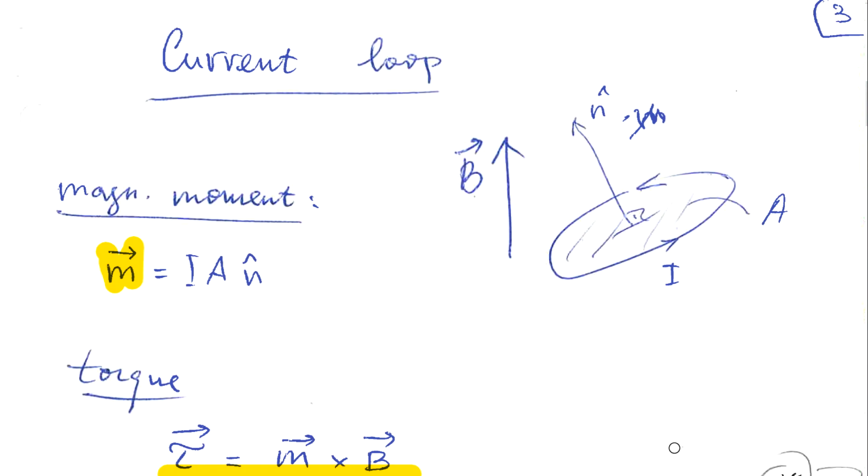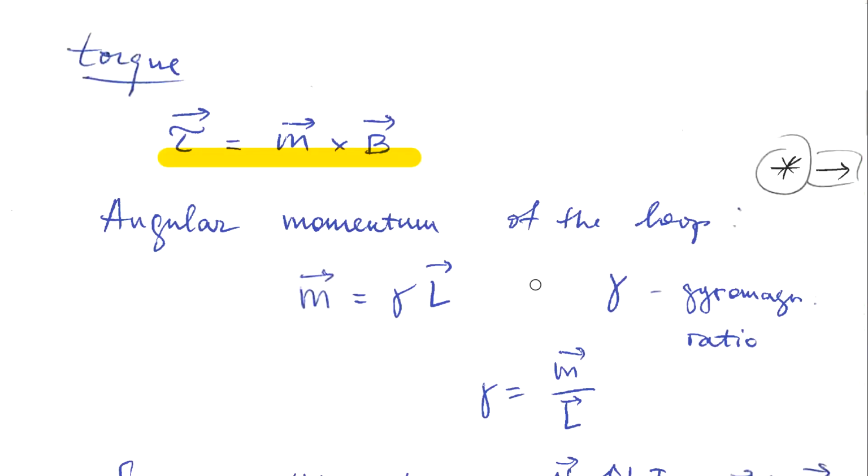And angular momentum can be related. Angular momentum of the loop can be related to magnetic moment through the gyromagnetic ratio, and we already talked about that a lot.